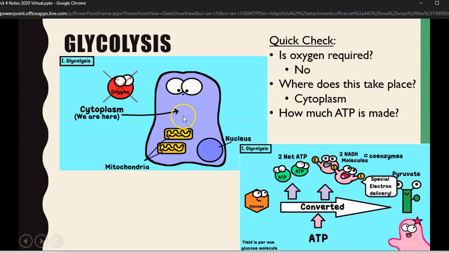Okay, so in this image, you see no oxygen, and it's in the cytoplasm, not in the nucleus, not in the mitochondria. And then how much ATP is made? You actually get 2 net ATP, meaning that you used 2, but you actually gained 4. So there's 2 net, meaning you have an overabundance of 2. 2 net ATP.